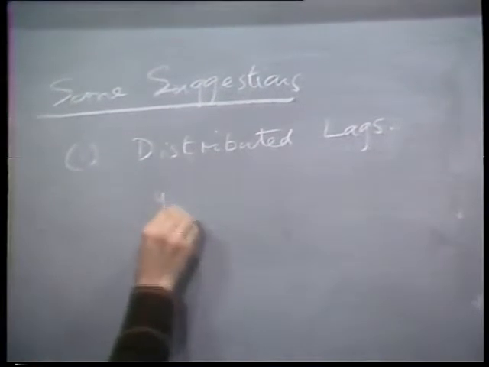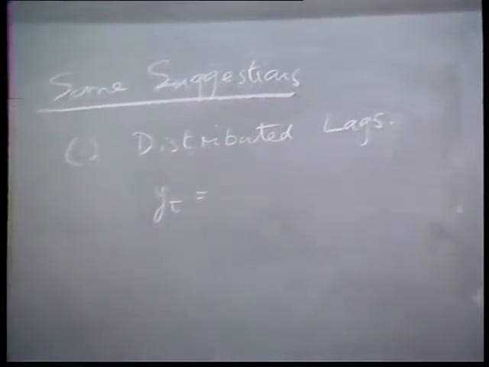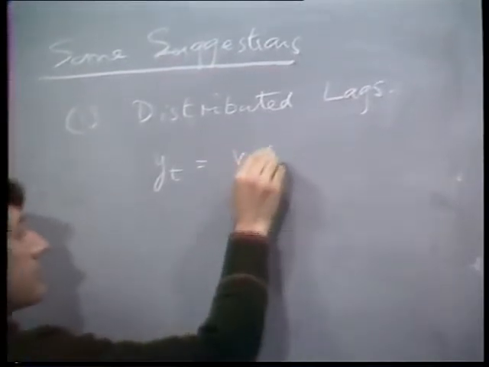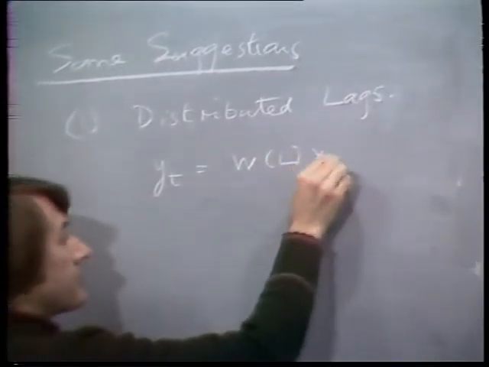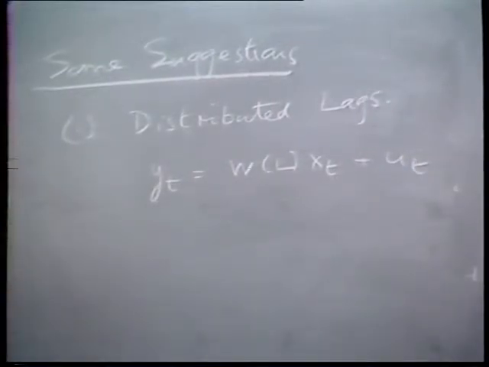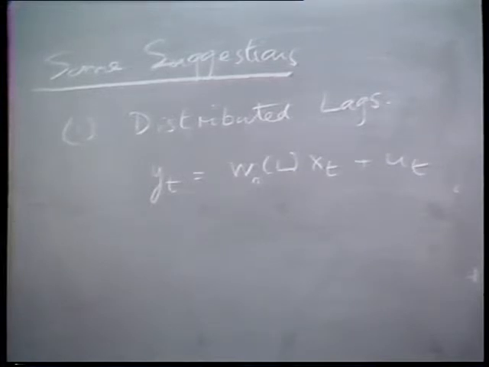So we're considering a model which has the dependent variable yt as a distributed lag function of a single explanatory variable xt. And the n denotes that that distributed lag is of order n.